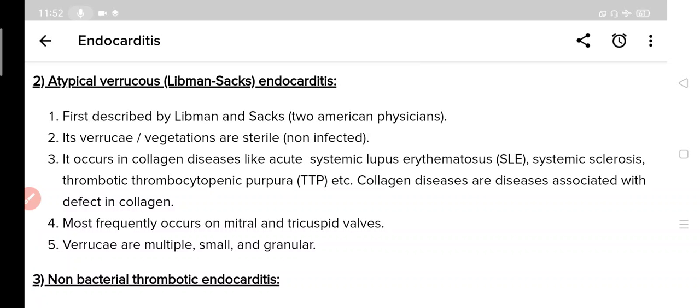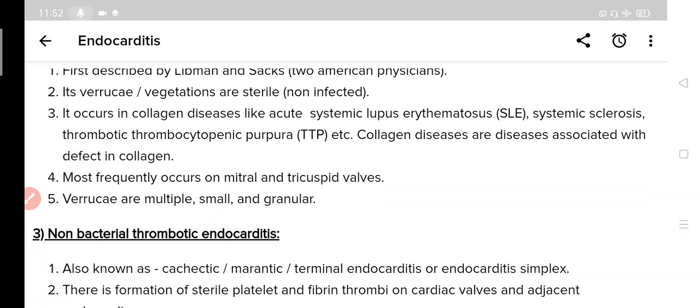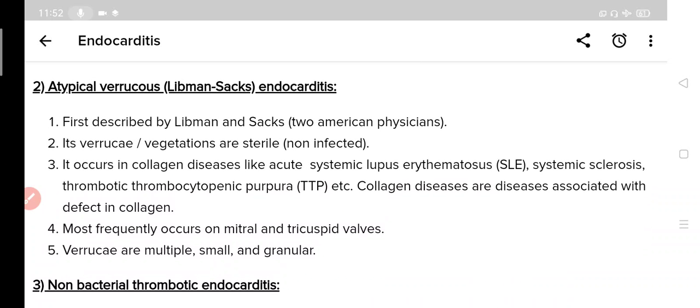Collagen disease means any disease which is associated with a defect in collagen. So, this type of endocarditis is seen in these collagen diseases. It most commonly occurs on mitral and tricuspid valves, and verrucae are multiple, small and granular. So, this is atypical verrucous endocarditis.